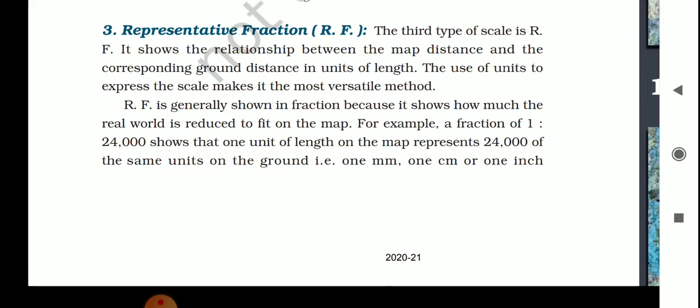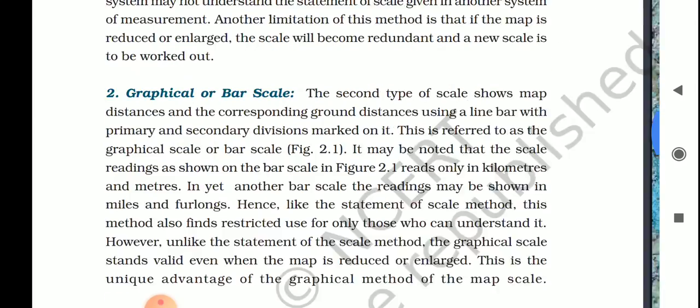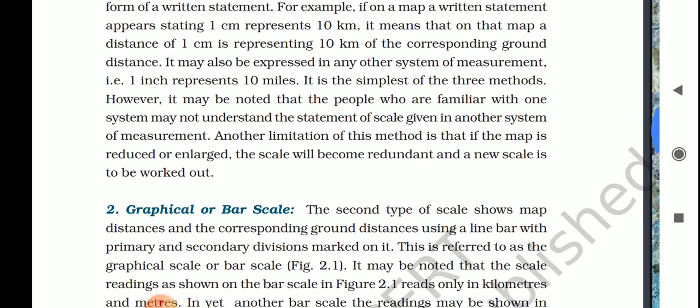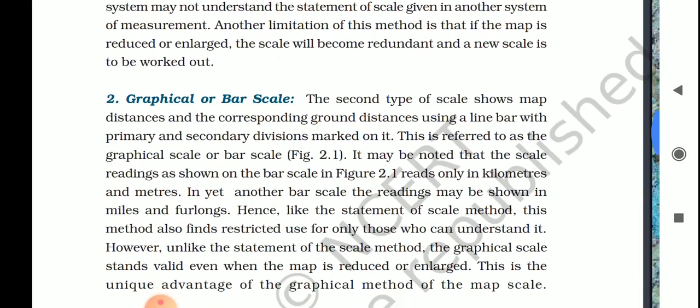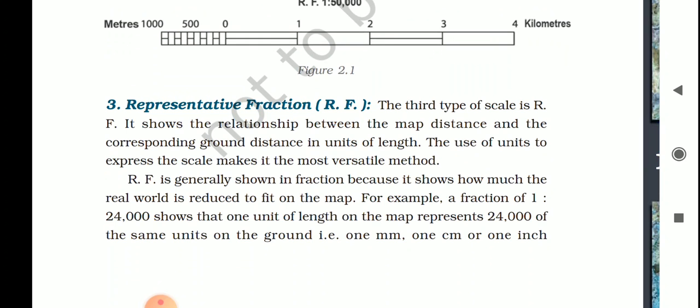Through this we can draw, and this is a good method, because when we are using a statement of scale, it's very difficult to enlarge or reduce the scale. But in graphical or bar scale or representative fraction, it is a little bit easy to change.